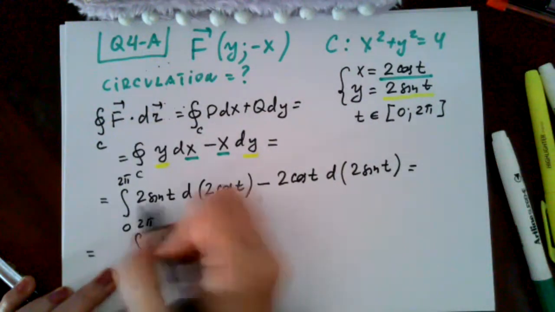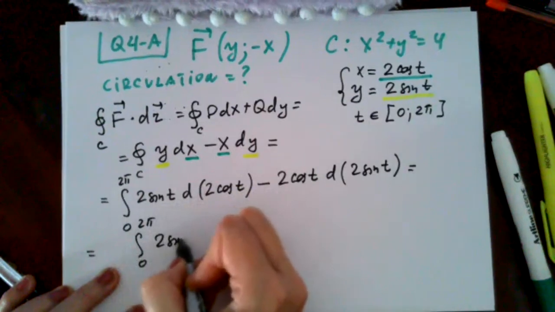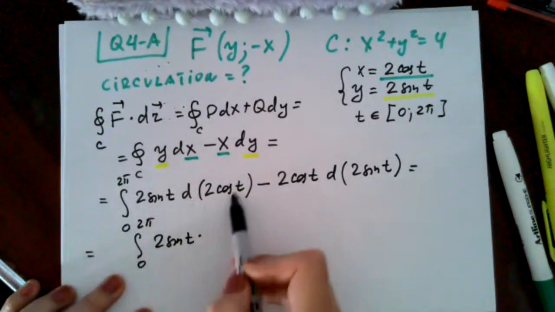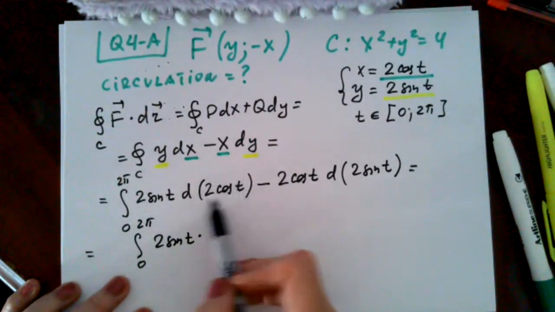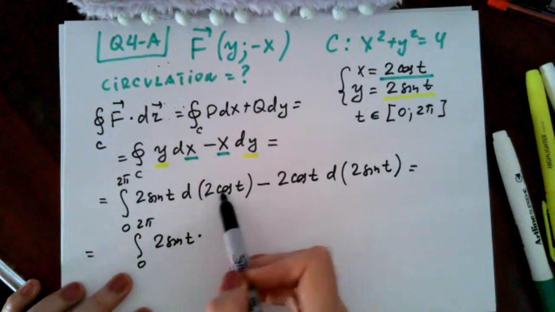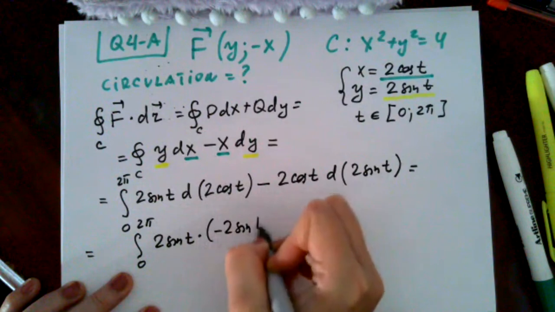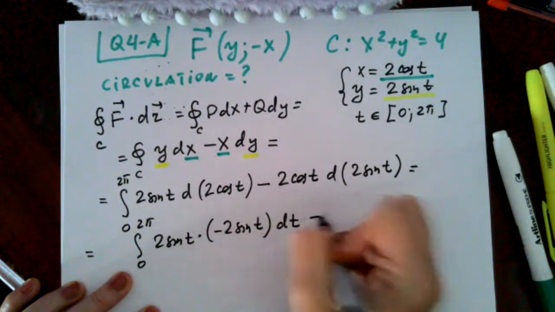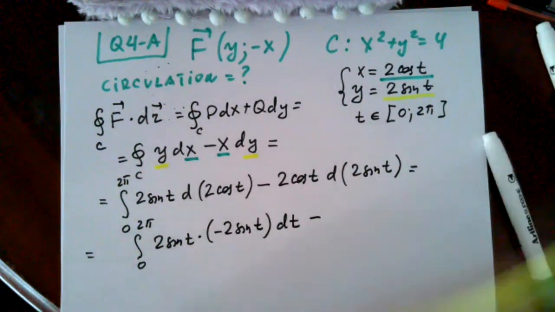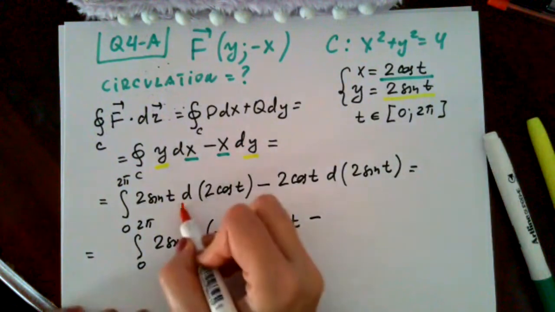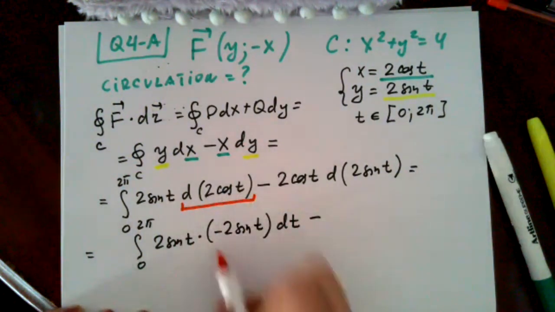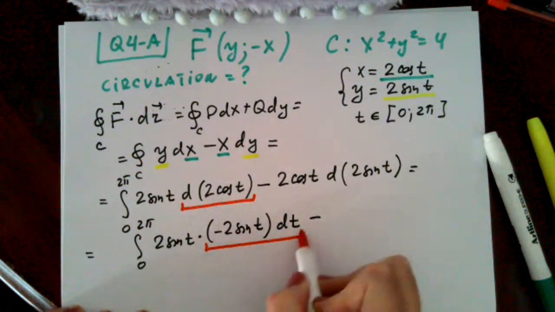And now it's time to simplify this expression a little bit. Okay, so what I'm doing, I'm rewriting 2 cosine of t, but I'm calculating this differential by taking the derivative. The derivative of cosine is minus sine, so it will be minus 2 sine of t dt. And of course, I'm highlighting these special places. So this differential is equal to this expression.